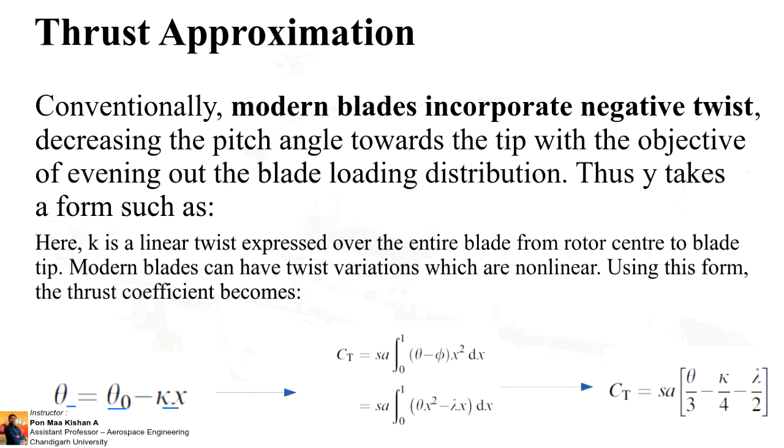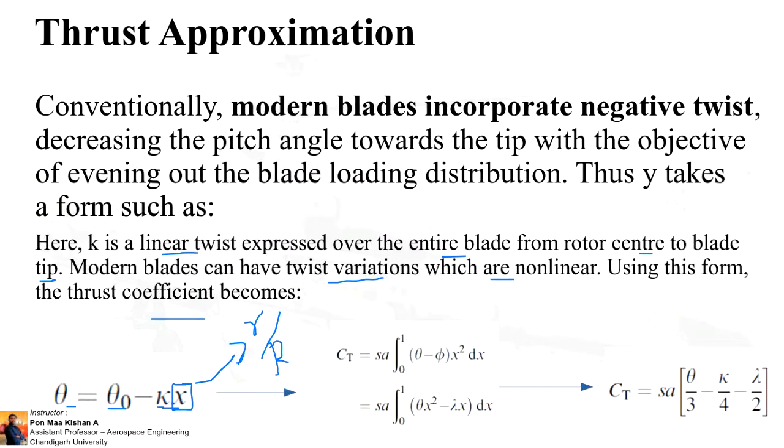Where x indicates r by R, the ratio of the radius, or you can call this the blade span. So from which position are we going to have the negative twist? k is the twist factor, a linear twist expressed over the entire blade from root center to the blade tip. Modern blades can have twist variations which are non-linear, using this form of the thrust coefficient.